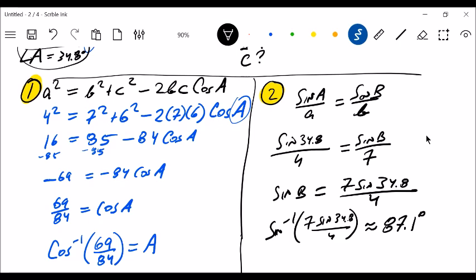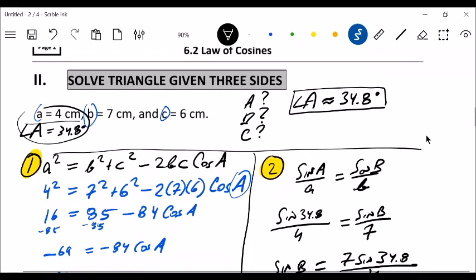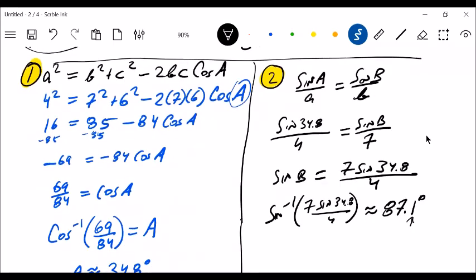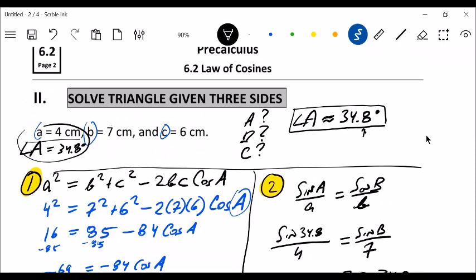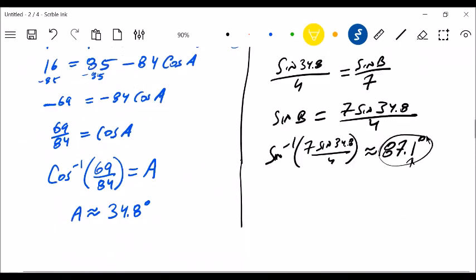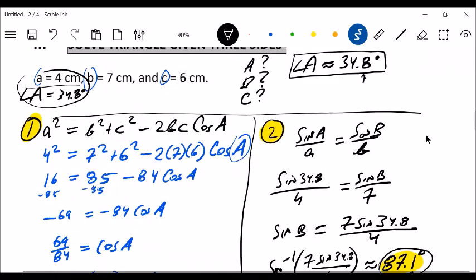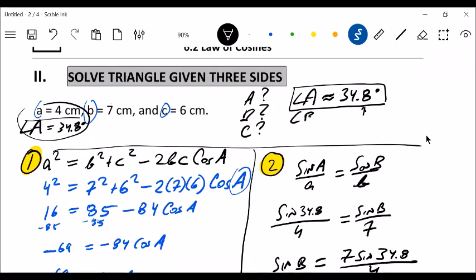Okay, so I can leave it 87.1, or I can make it 87. Since I made that one a decimal point, I should probably keep this one that way as well. Okay, so I'm going to yellow in those first. And now that I do that, angle B is approximately 87.1 degrees.